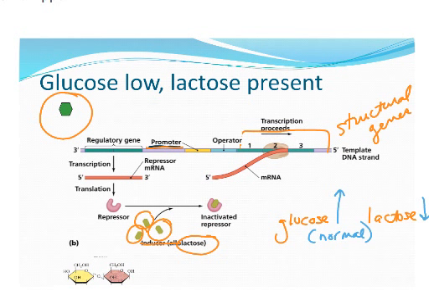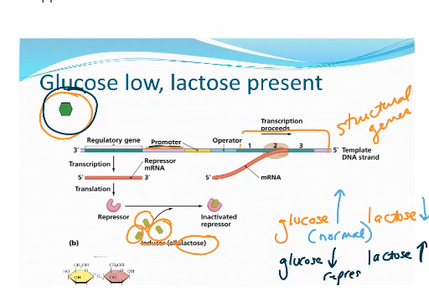But in this particular picture below, glucose levels are low. Notice there's only one glucose in this picture, and lactose has increased. This is a very different situation, and in this case, the repressor is being kept busy. In essence, the lactose is acting as a competitive inhibitor.